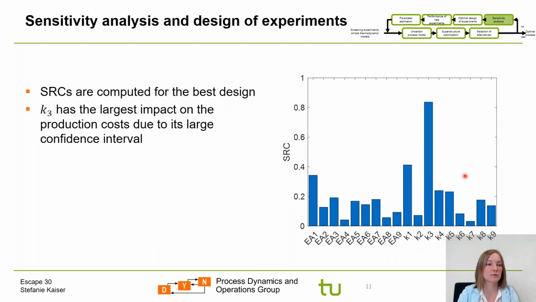Afterwards, the standardized regression coefficients were computed for the best design. So they are computed only for the design alternative that is optimal and also for the optimal operating conditions. So here one can see that K3 has the largest impact on the production costs.